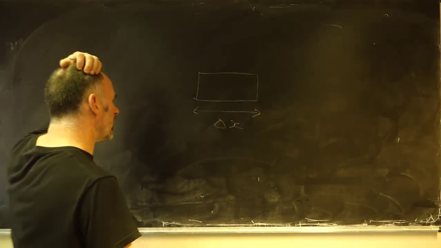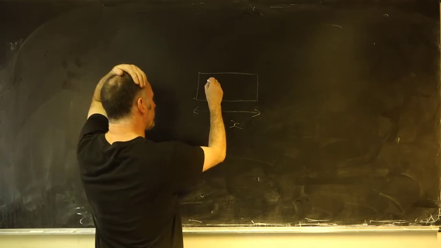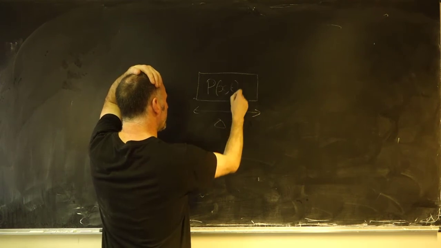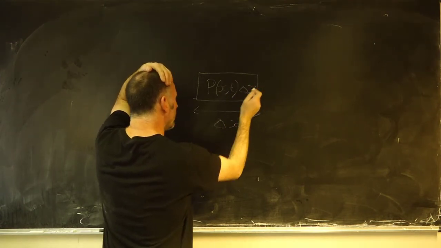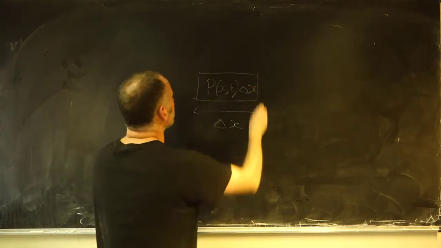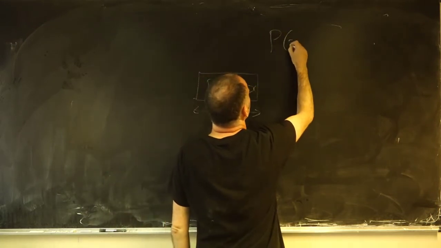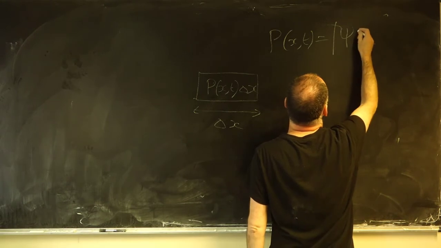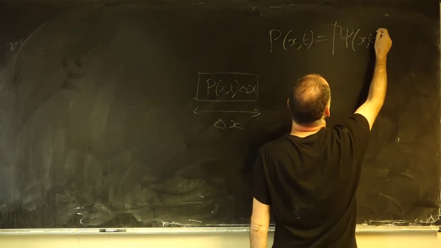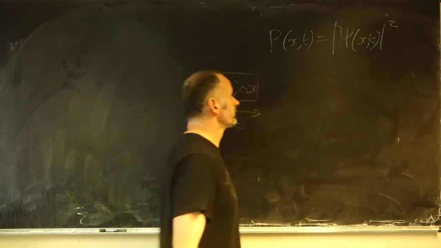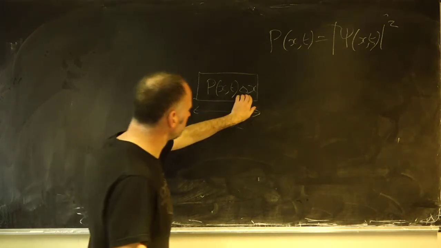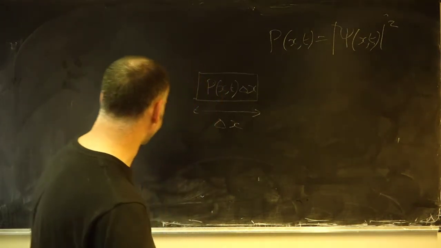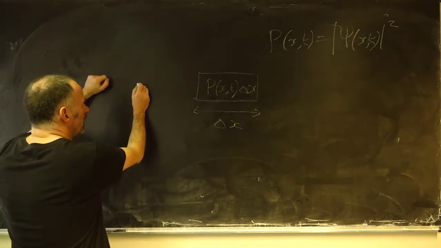And we've got the probability of finding a particle in here, which is defined by this, where our probability density is this. So probability density times our delta x gives us a number, gives us a probability. That you've all seen before.